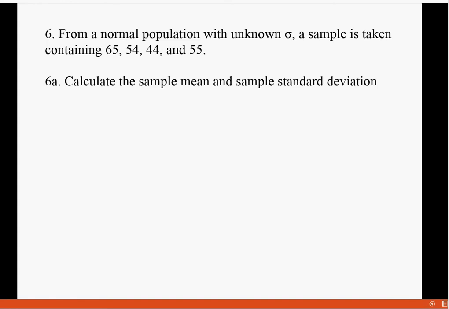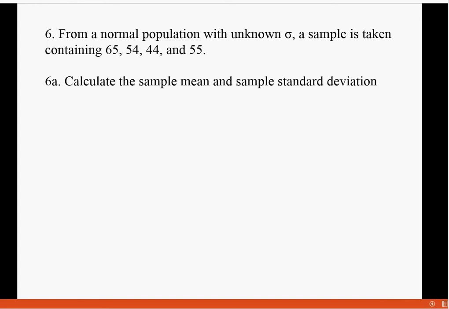So far, all the questions we have encountered have given us the sample mean and the sample standard deviation or the population standard deviation. So all we need to do is use the formula and calculate the lower bound and upper bound of a confidence interval.